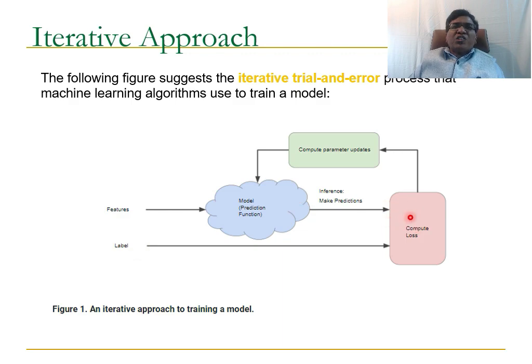Based on the loss values, the weights and biases are updated. So it's fed back again. Based on this loss value, again weights and biases are updated. Again the model recomputes the loss. This process is iterative, so this is repeated again and again.